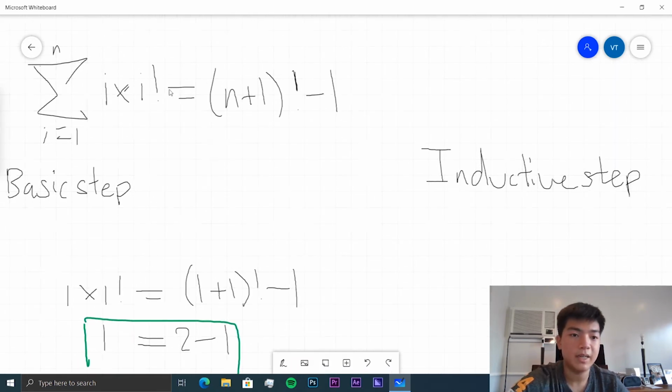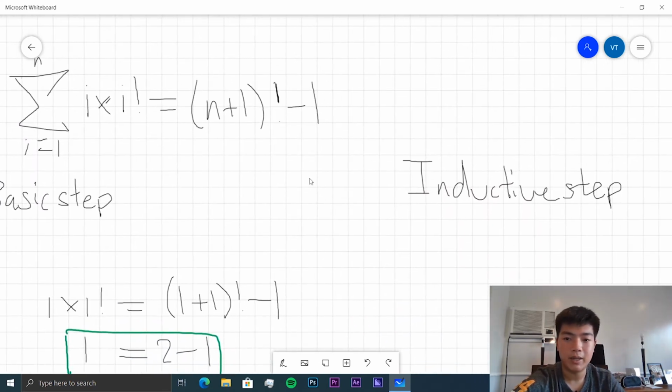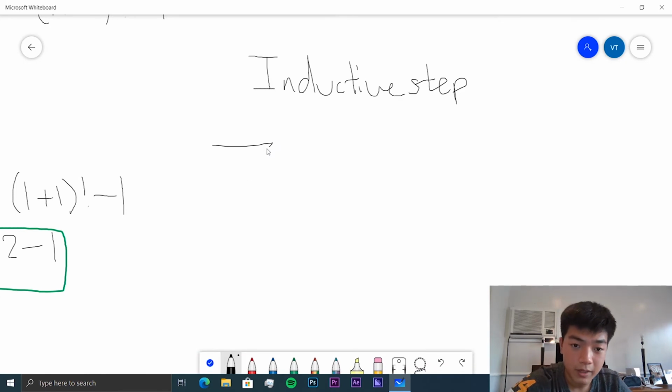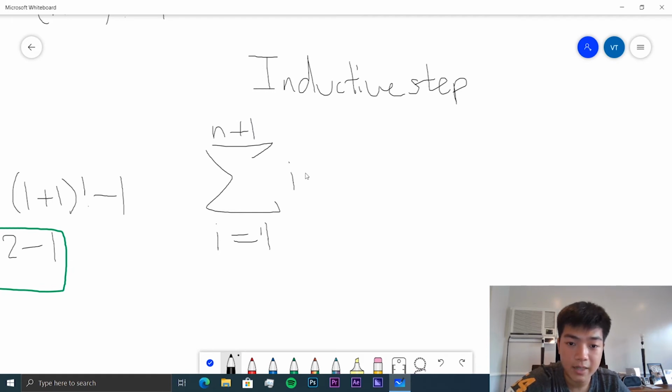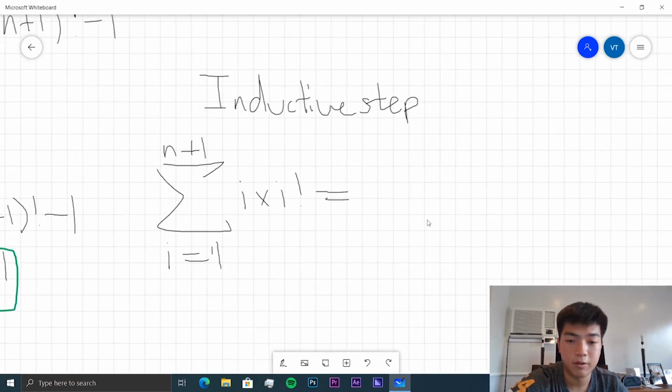So assuming that this is true, what happens if we increase n by 1? So we need to prove that the sum from I equals 1 to n plus 1 of I times I factorial is equal to n plus 2 factorial minus 1.